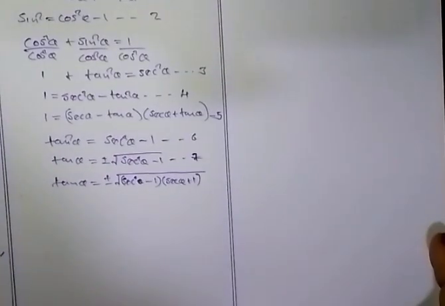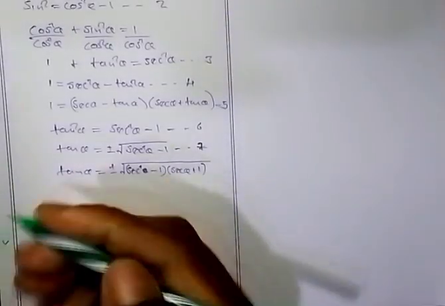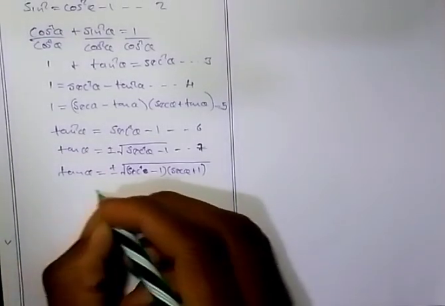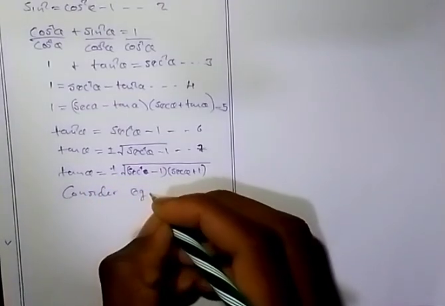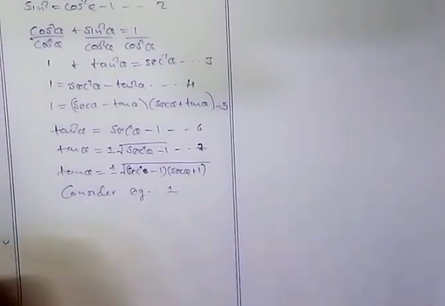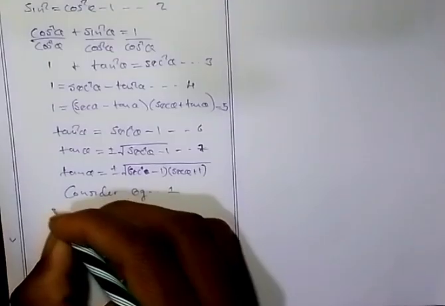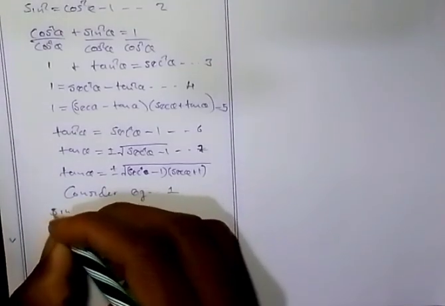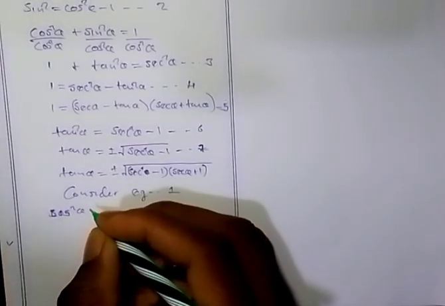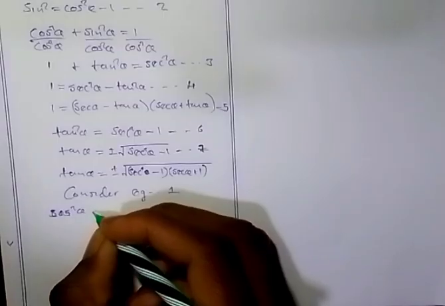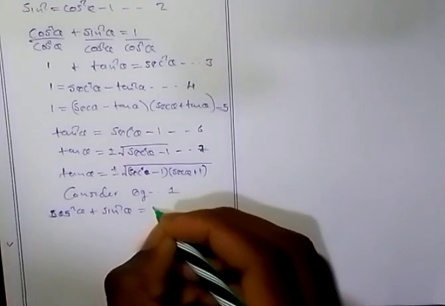Okay, so we consider equation number 1, which is cos square theta plus sine square theta is equal to 1.